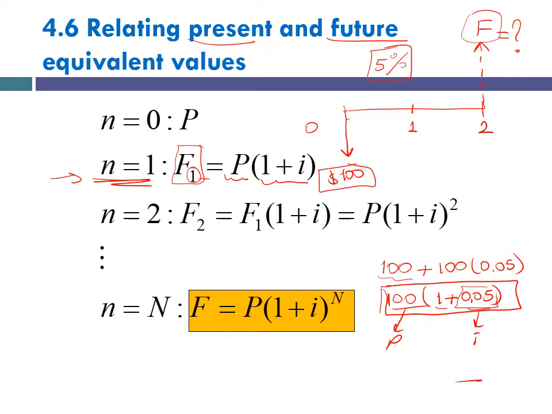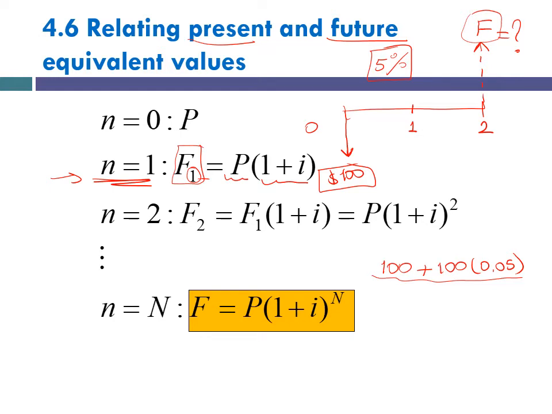At the end of the first year, let me clear this part. At the end of the first year, we will have this amount. But then, for this amount, we will earn an additional 5% interest, right?